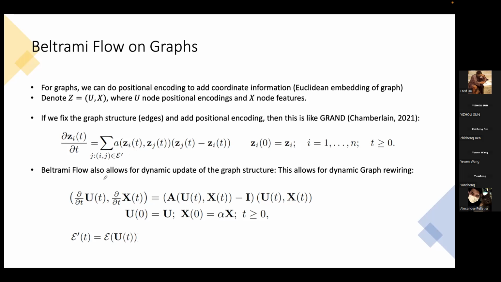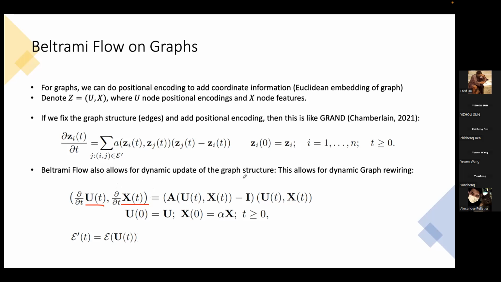In addition to diffusion on the features, they also do diffusion on the positional encoding. X here represents the features of your nodes, and U here represents the positional encodings you have for your nodes, and they want to update both of these jointly using this diffusion process.